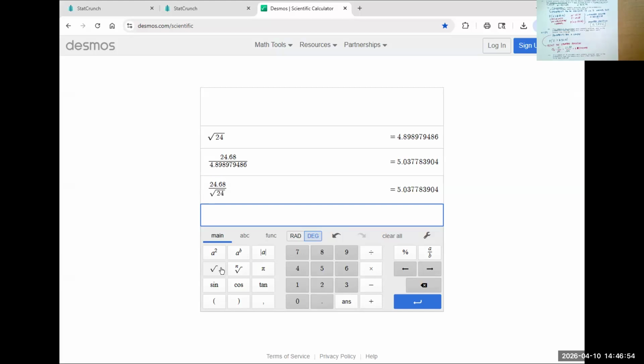Okay. And this is where I mentioned we can make a choice for how we round. In this case, this is what I'm going to type into StatCrunch, as you'll see. I'll round this to 2 decimal places, let's say 5.04. This is going to be the value I'll use in StatCrunch, okay?